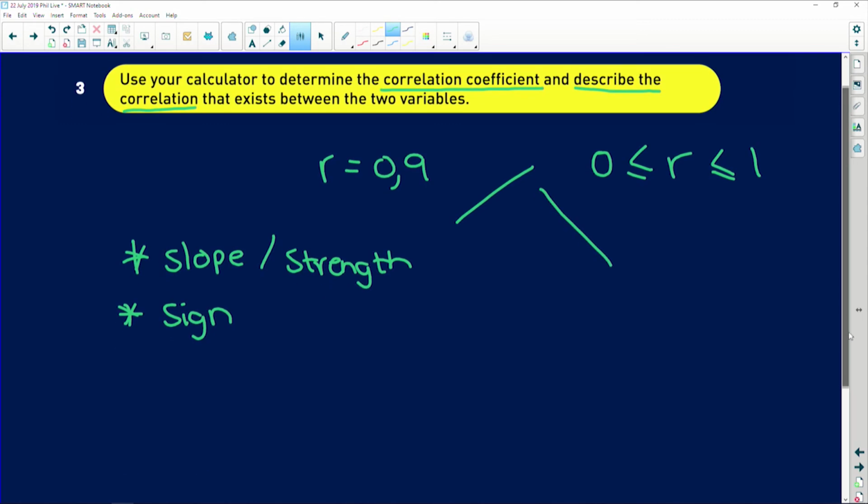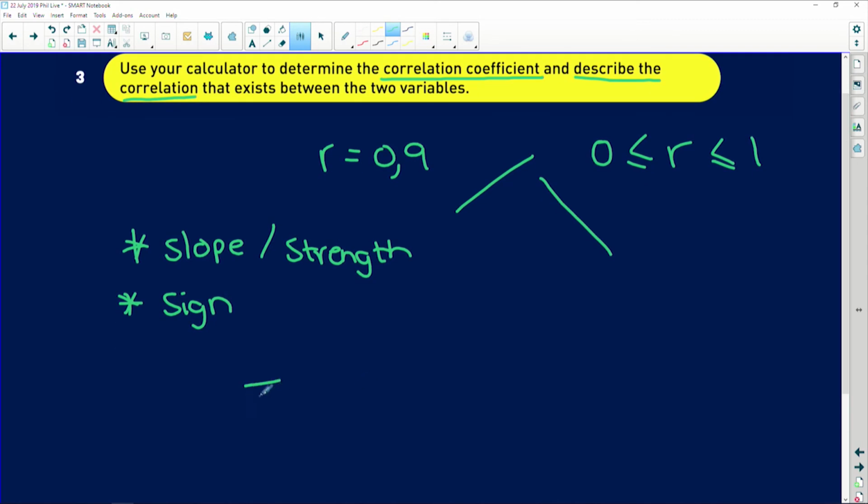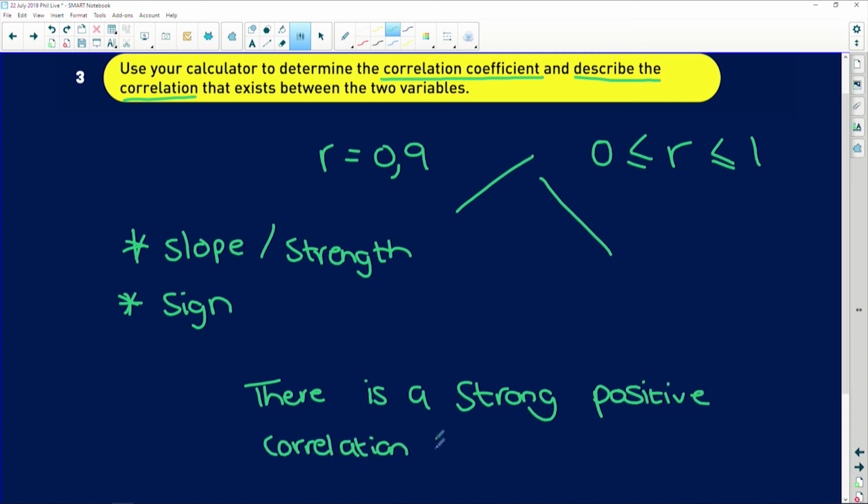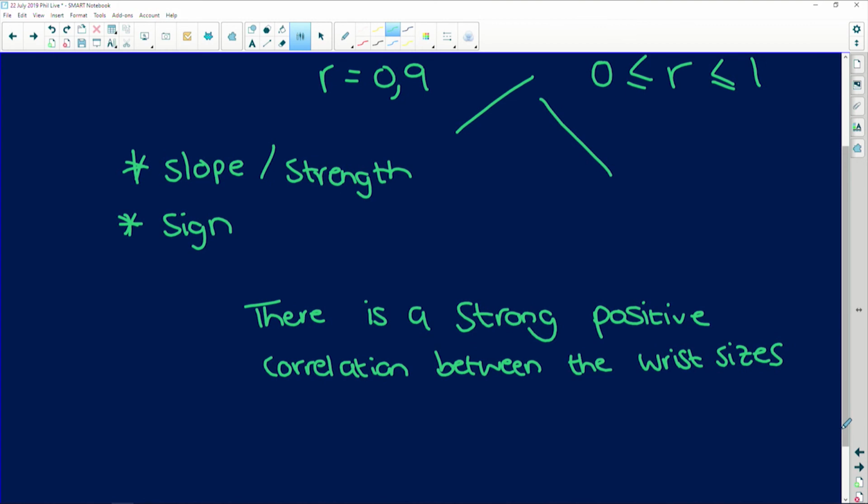So for this question here, you would say there is a strong, because 0,9 is very strong, strong positive correlation between the wrist sizes and arm spans of the boys.